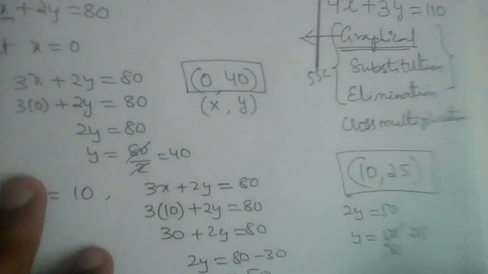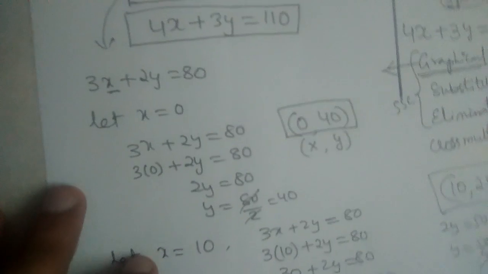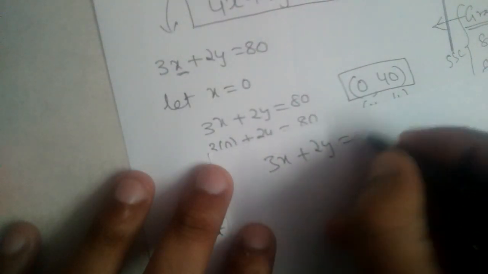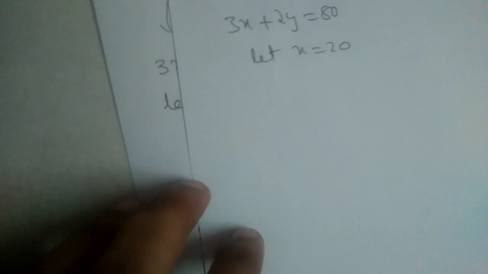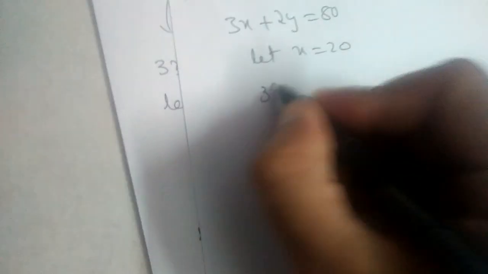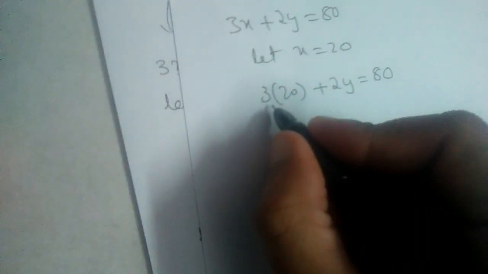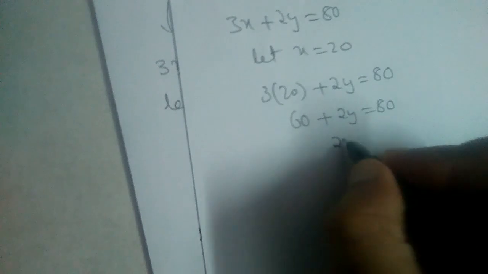Let us go ahead and find one more solution. We have 3x plus 2y is equal to 80. Let x is equal to 20. So this is 3 into 20 plus 2y is equal to 80. This will give us 60 plus 2y is equal to 80. 2y is equal to 80 minus 60, which is 20.